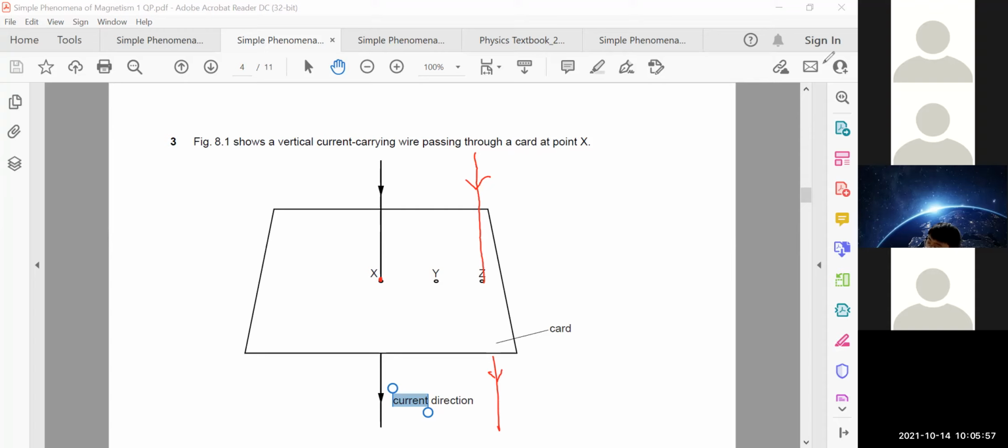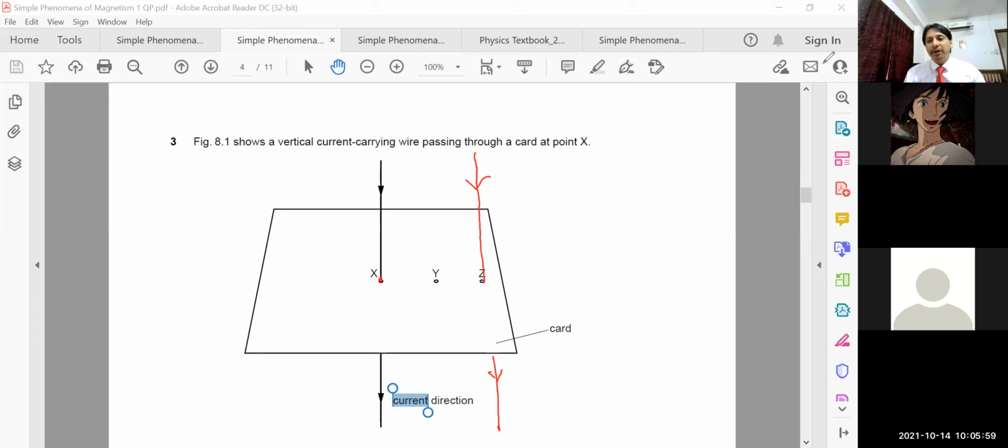Here the gap between X and Y and X and Z has increased. So the magnetic field is there at point X, but it will be weaker than when the conductor was placed at point Y.